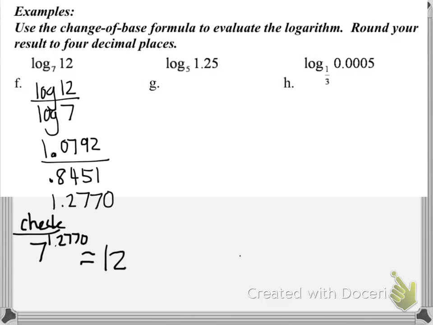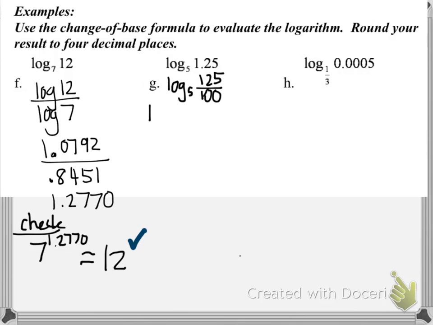So again, using the properties that you learned, expanding them, what we can do here is change 1.25 into a fraction. We know our decimal rules here. 1.25 is the same as 125 divided by 100.